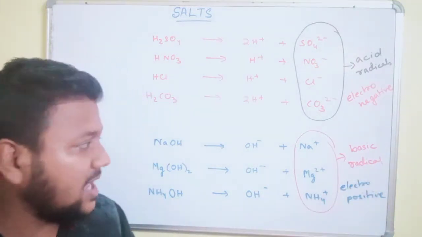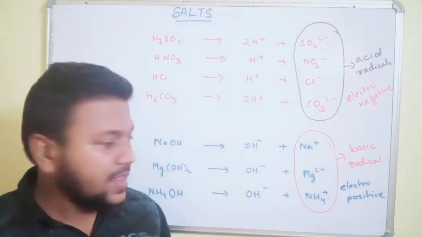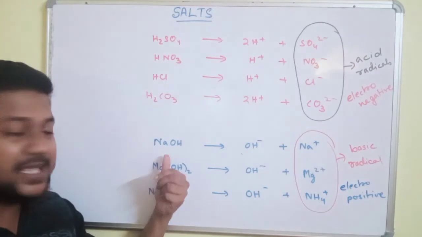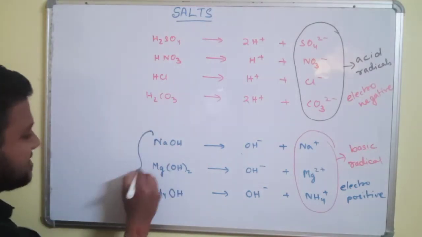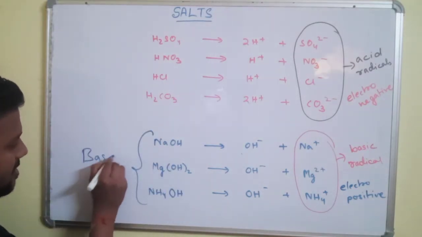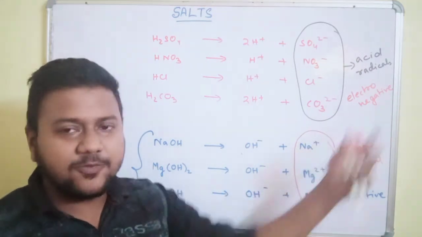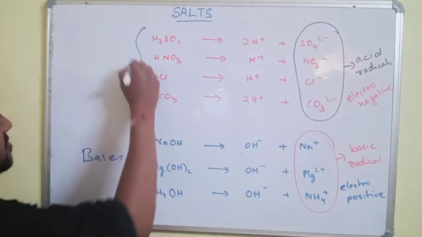Now we can say when a salt is prepared, the electropositive part of the salt is obtained from the base, and the electronegative part is obtained from the acid.